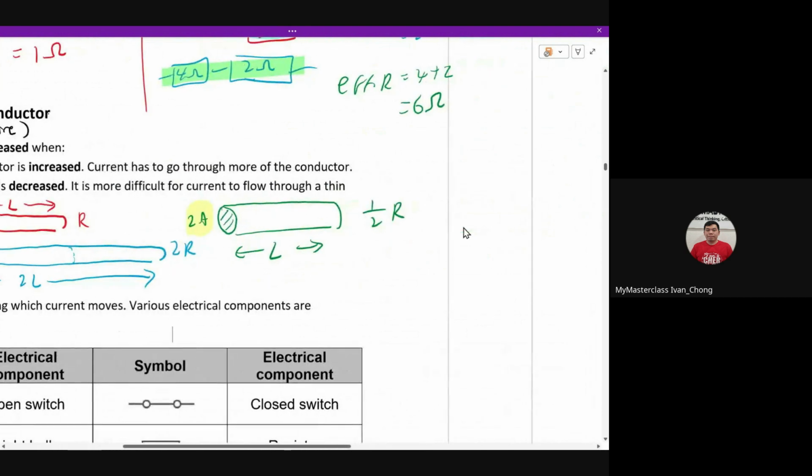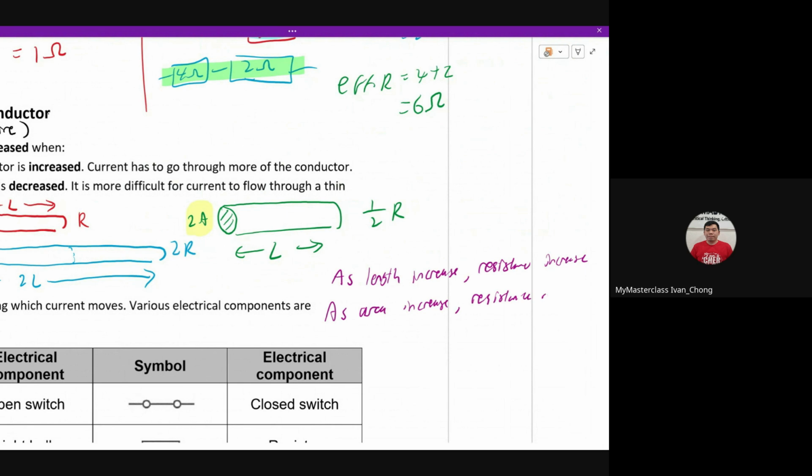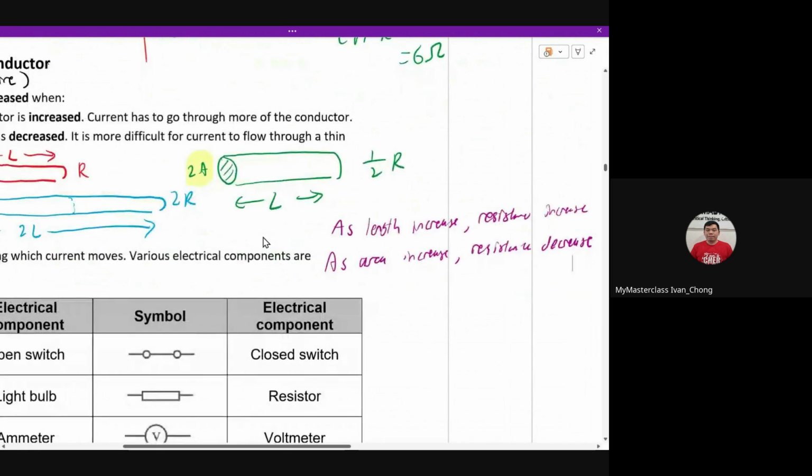All right, maybe I'll just write it down here. As length increases, resistance increases. Okay, and as your area increases, you have the opposite effect, resistance decreases. Okay, so do take note about this.